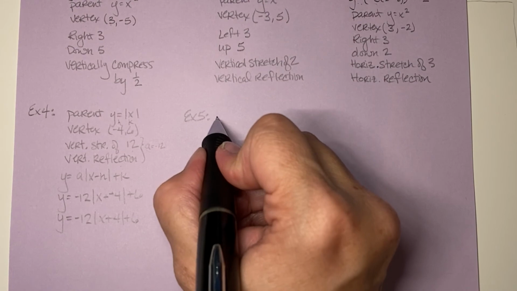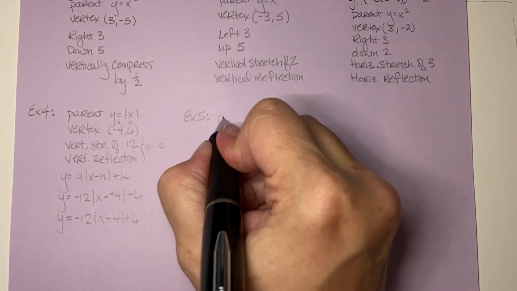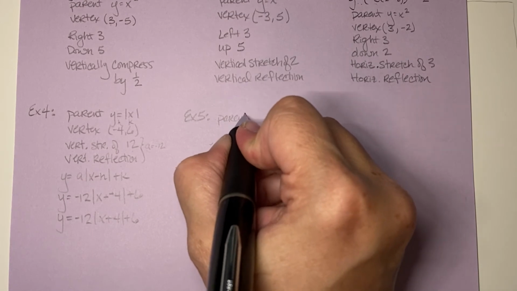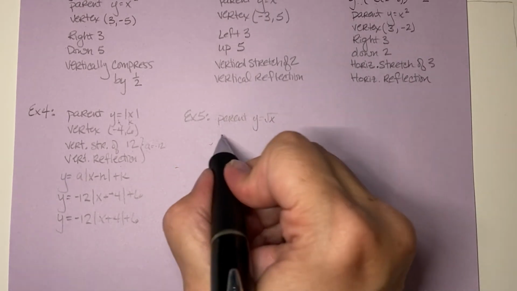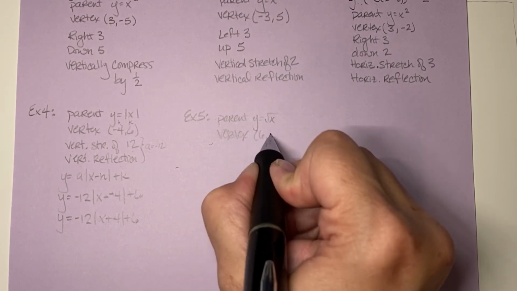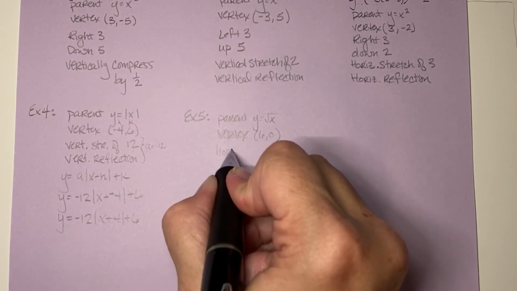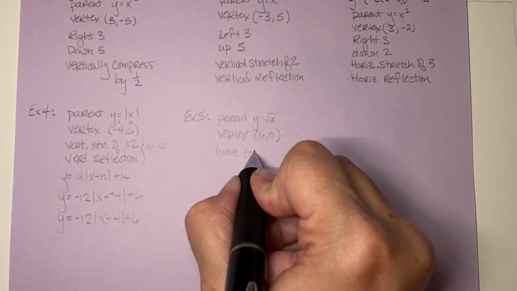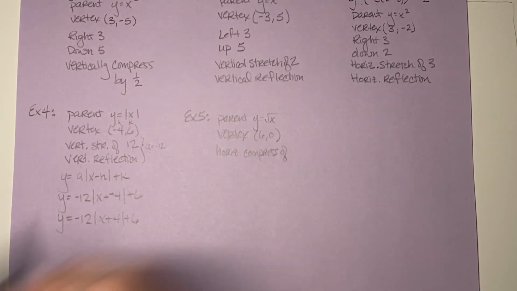Okay, so our parent function here is square root of x. Our vertex is (6, 0). And we have a horizontal compression of 1/2.